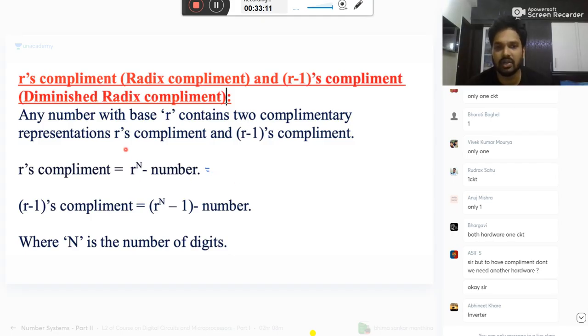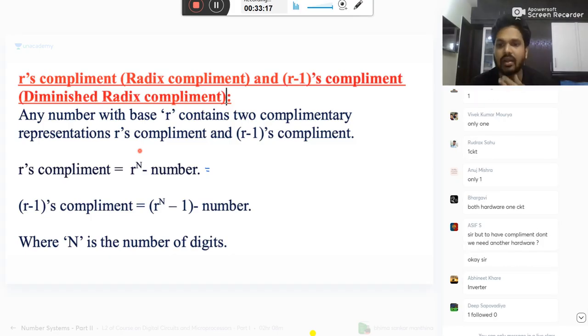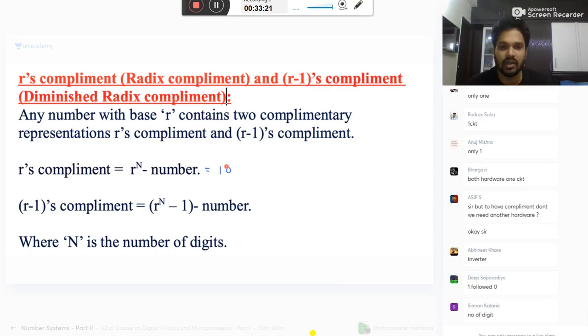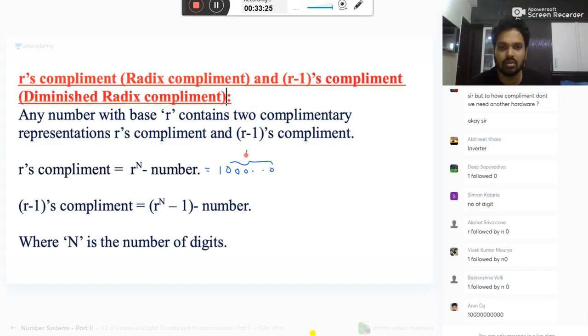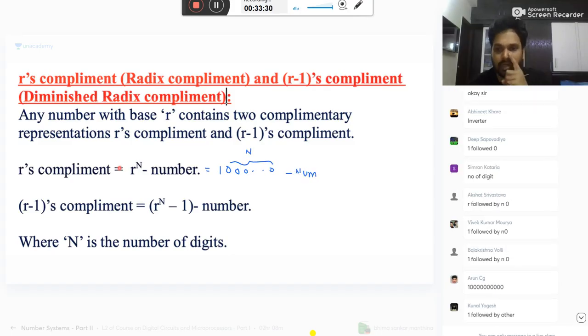It is 1 followed by n number of zeros, minus number. That is the way to write R's complement. Its advantage we'll see. Don't worry about it.